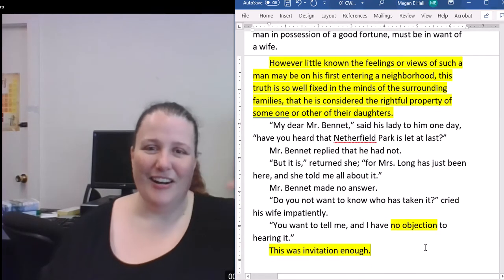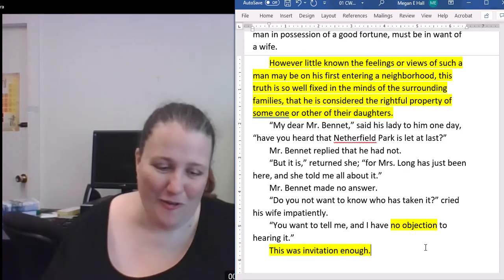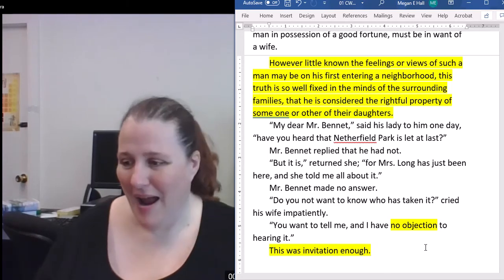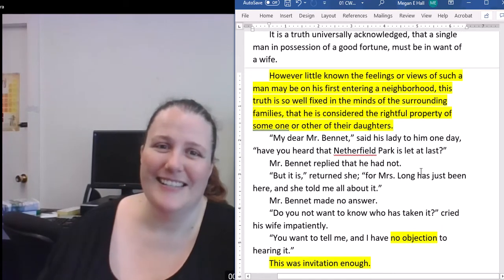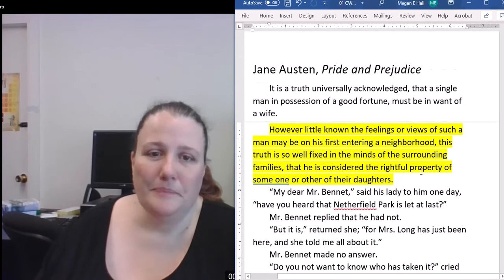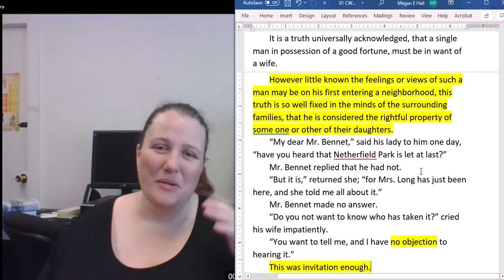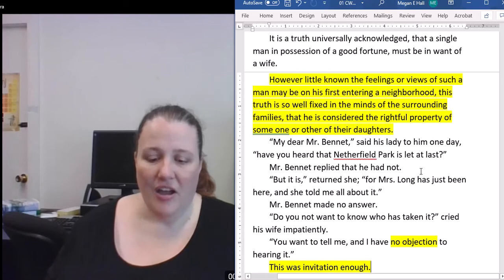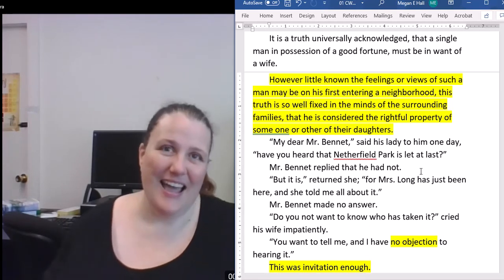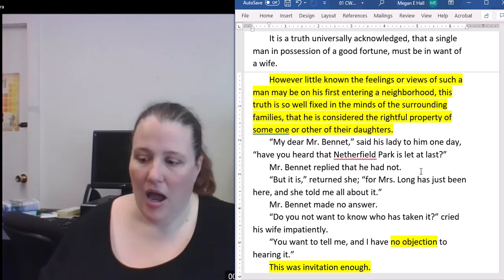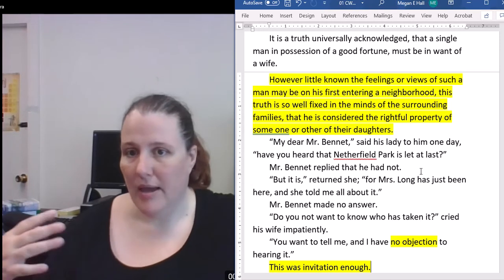And then the narrator jumps in, and then Mrs. Bennet tells him everything she knows and everything she's hoping for and who this person is and how he might be rightful property of one of her daughters at some point. And so, in terms of the style, we have quite different characterization, right? Then we have an emphasis on different things within the story, and we don't see it here, but these domestic matters.